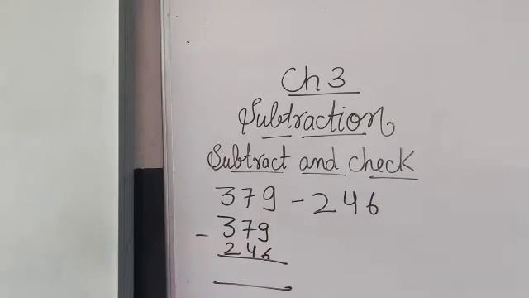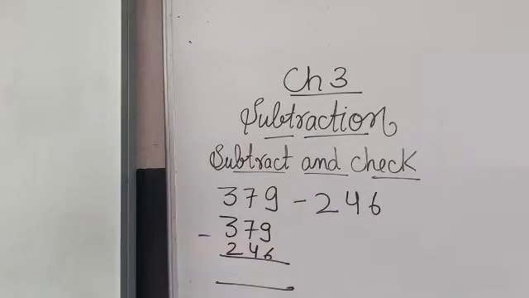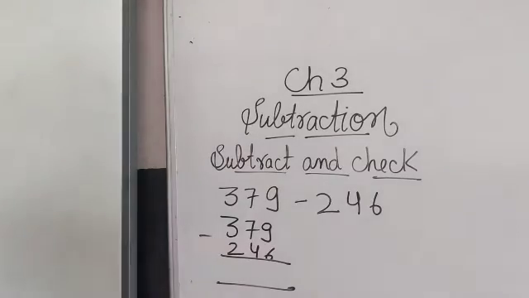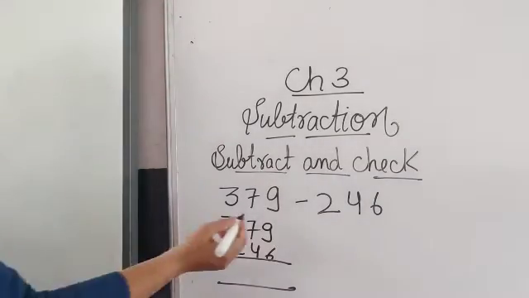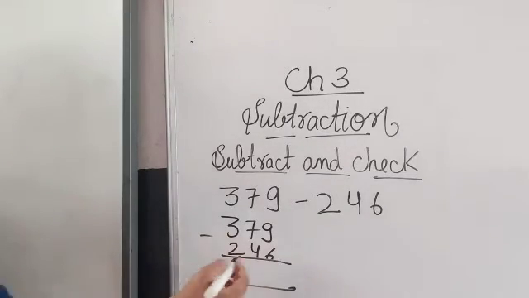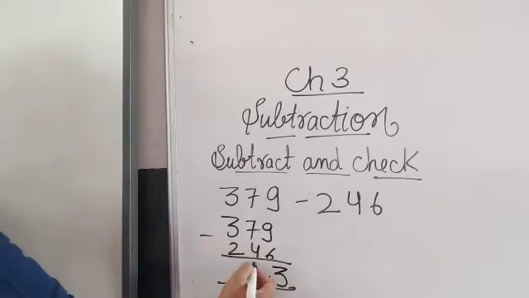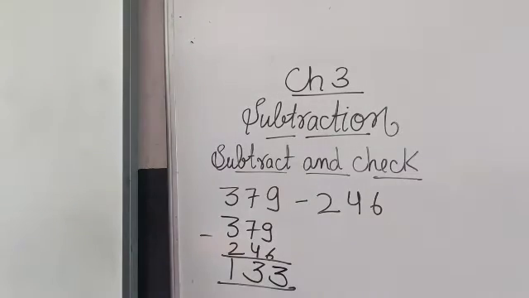First we do subtraction with addition, or subtract and check. Firstly perform the subtraction. 9 minus 6, out of 9 subtract 6, that is 3. 7 minus 4, 3. 3 minus 2, 1. Is it clear? Use your fingers and perform the subtraction.